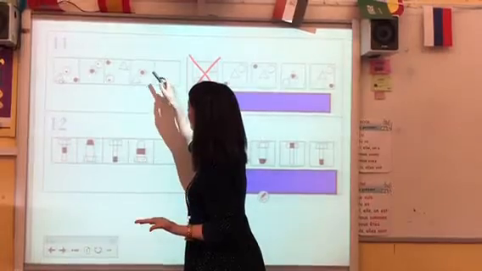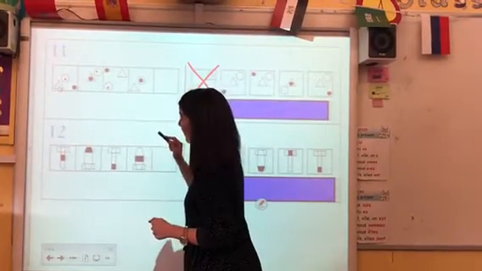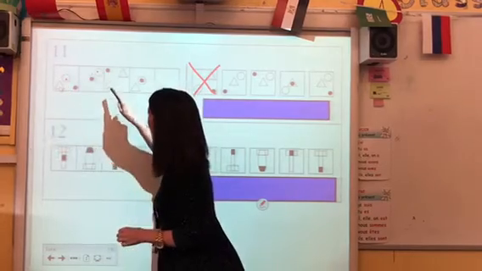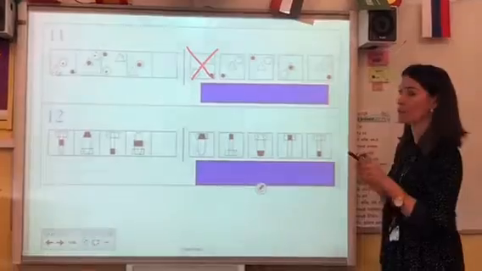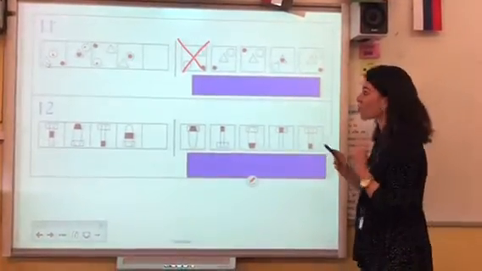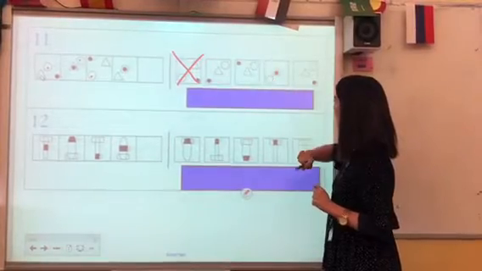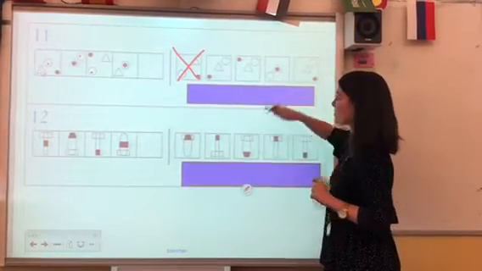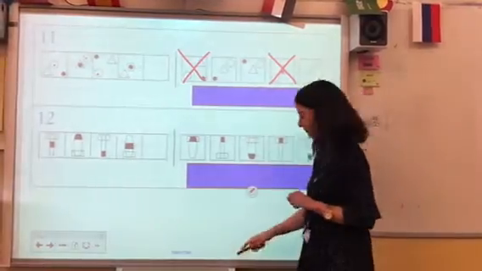So I'm going to be wanting my pattern to do the same thing, okay? Middle, top, bottom, middle, top. So now I'm looking for the ones that have got a white circle in the top right hand corner. This one does, this one does, this one does, this one doesn't. So I've narrowed down my options even further.